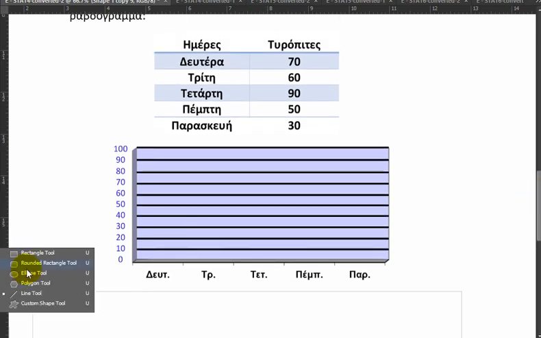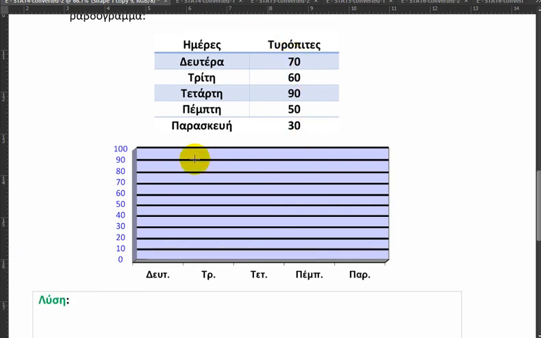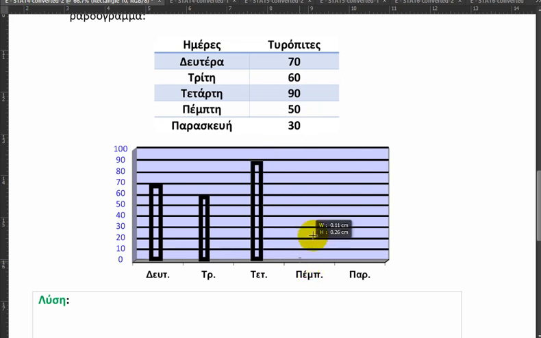On Monday, he sold 70, so the bar should reach up 70. Then Tuesday it was 60, so the bar should go to 60. Wednesday was 90. Thursday was 50. And Friday was 30.